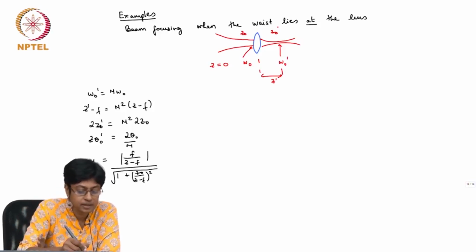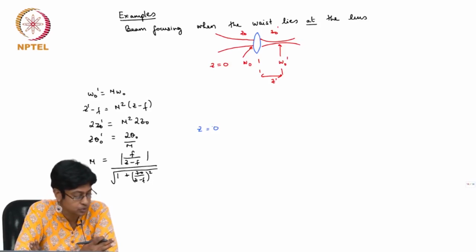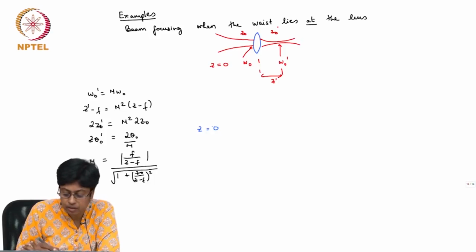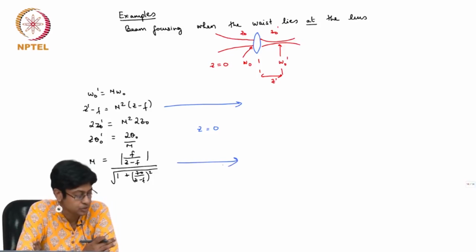but we've taken the condition where the lens is at the waist, so z naught is equal to 0. So what is changing, what is important, of course, is this and m, how these are going to change.